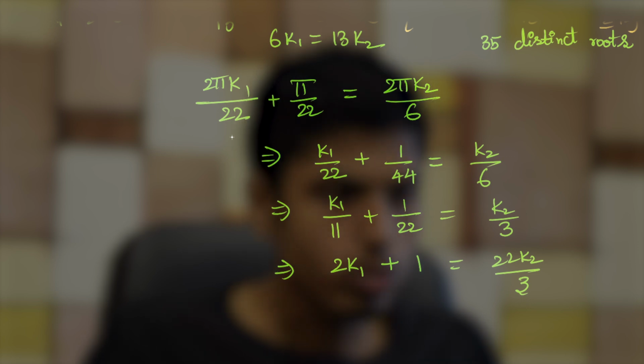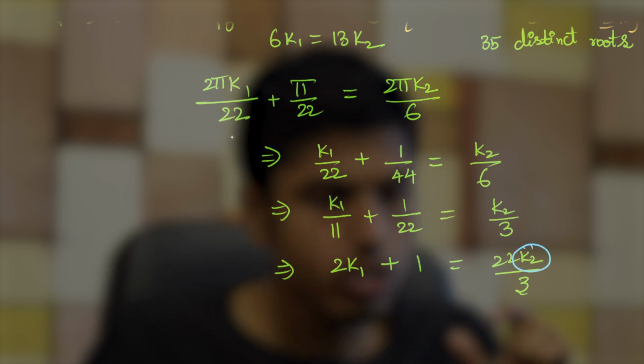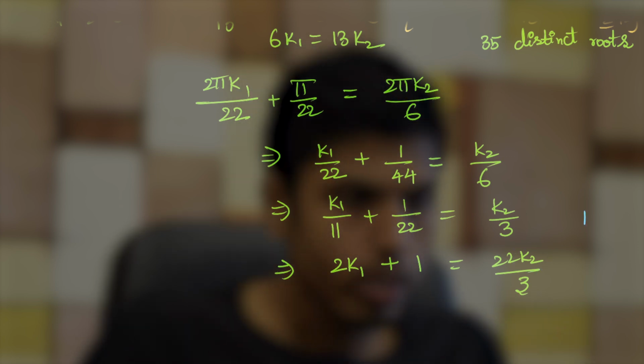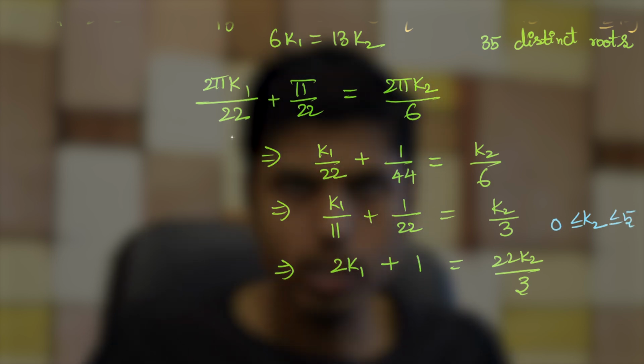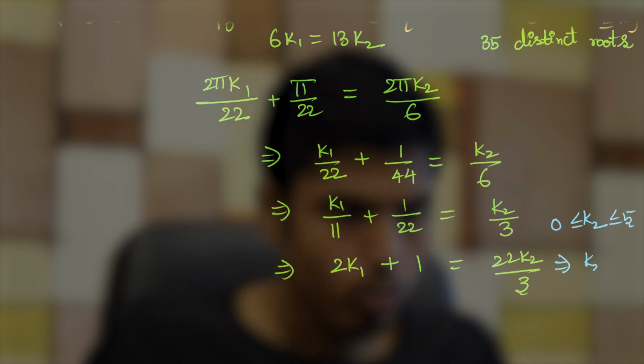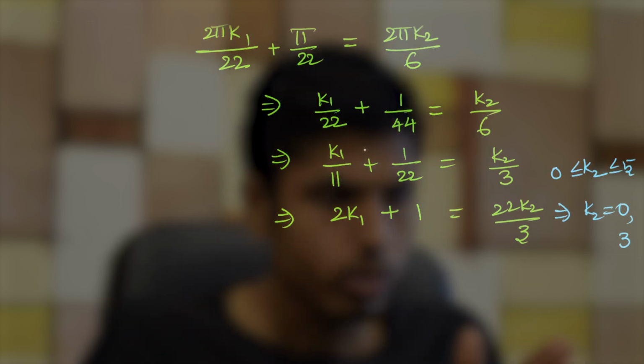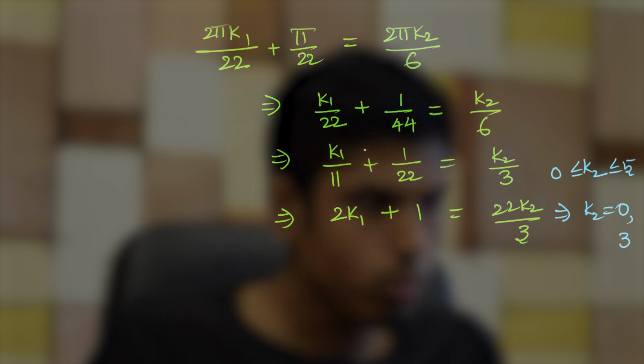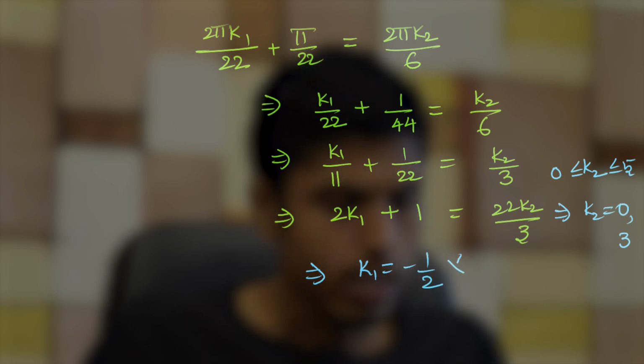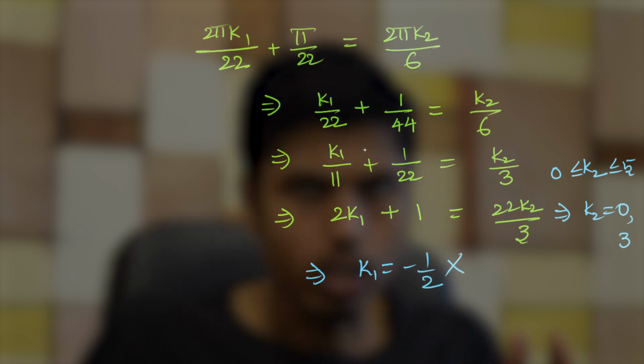So what are all the possible values of k2 for which it is an integer? We know that k2 can vary from 0 to 5. And the only multiples of 3 are k2 equal to 0 and k2 equal to 3. So we have already excluded the case in which k2 equal to 0, because if k2 equal to 0, actually we will not get a proper value of k1, because k1 would be equal to minus 1, and that is not allowed.